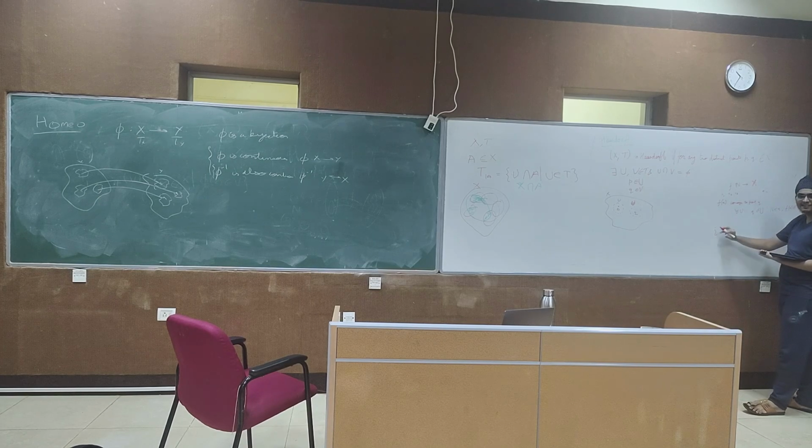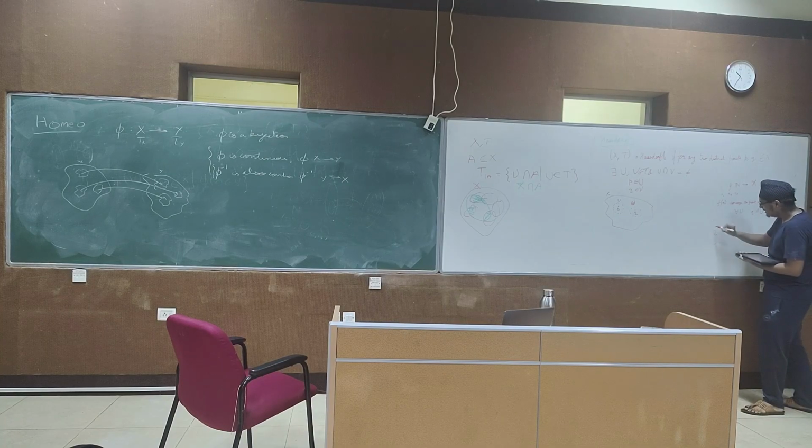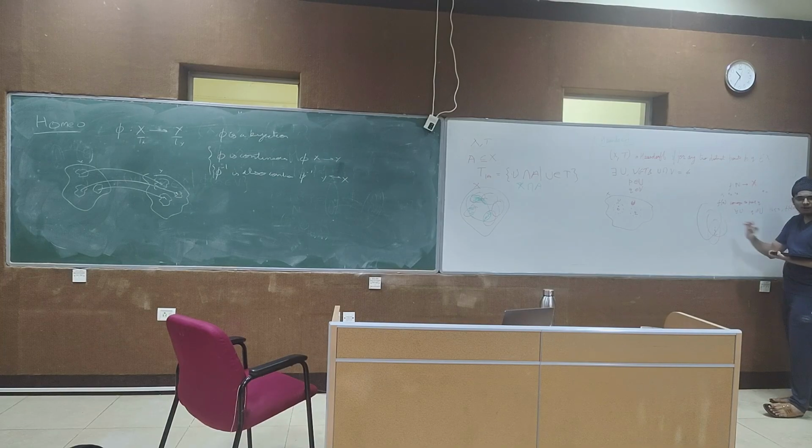The sequence will converge to the point Q if for every open set that contains Q, and there will be many open sets that contain Q, right, there exists a natural number N such that all the points after that N belong to that open set. Like for this set, all the points after this belong to this open set. Do you get an intuition for this definition?